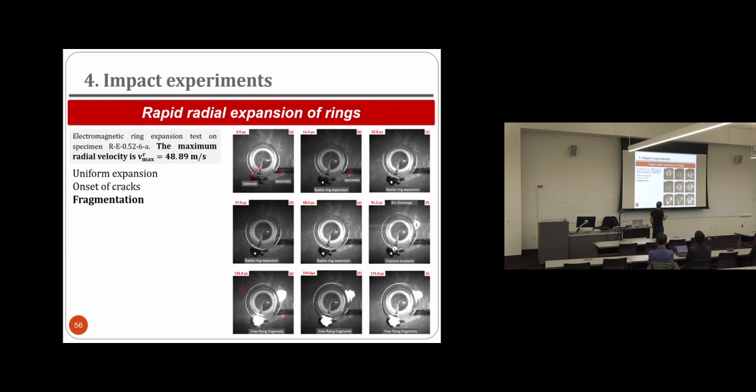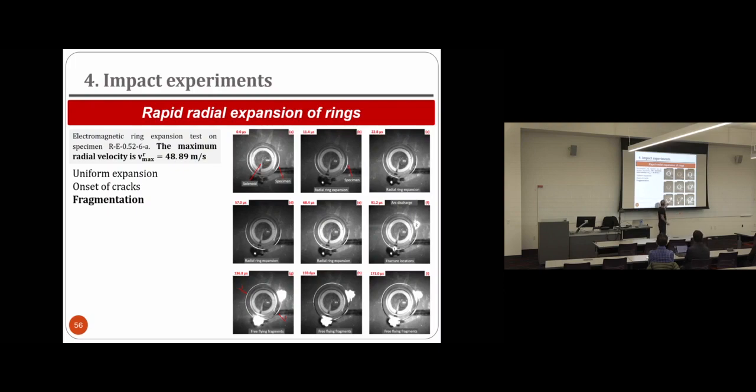and then here you can see these sparks. This is the signature of fracture, because as I said before, we have a current flowing through the specimen. So when there is a fracture, you can see here the spark because of the current that was flowing through the sample.